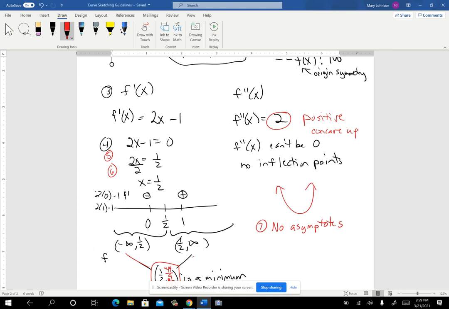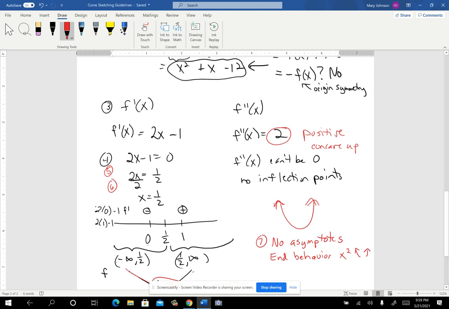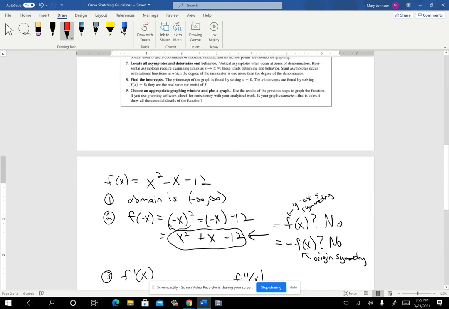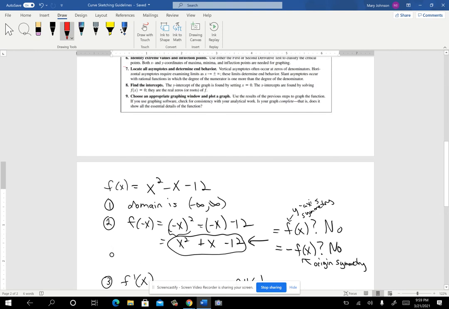If you looked at what happens as x approaches positive or negative infinity, what you'll find is that the function points up on either side. So the end behavior was the other thing to consider. We can get that from the leading term, which was x squared, and that tells us at the ends it's going to be opening up. All right, so that's asymptotes and end behavior.